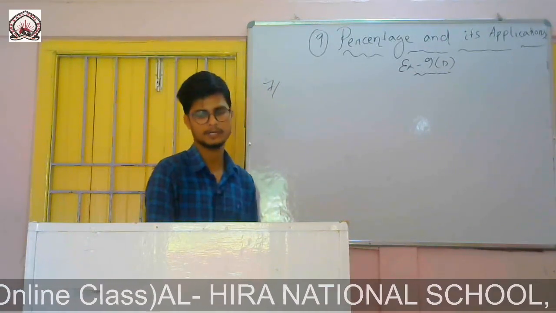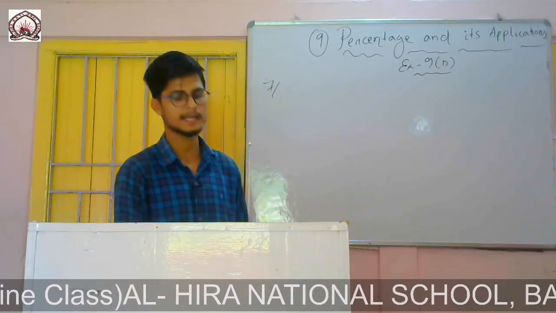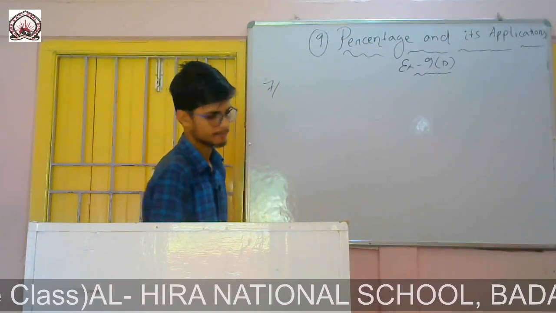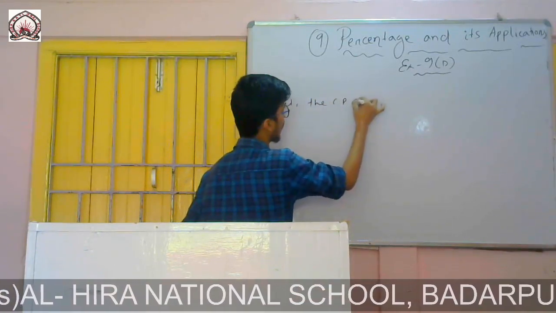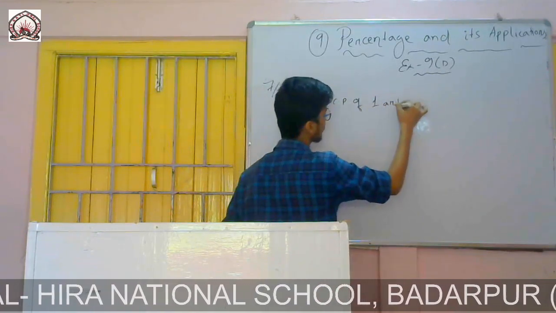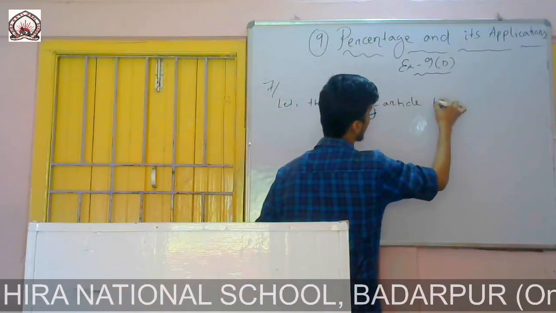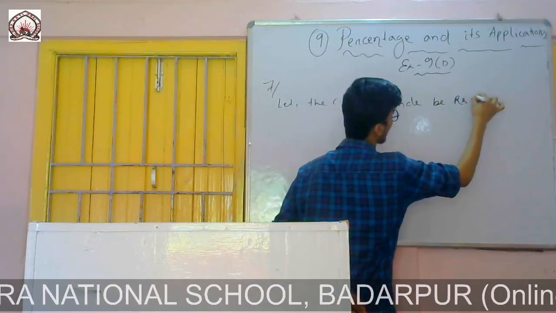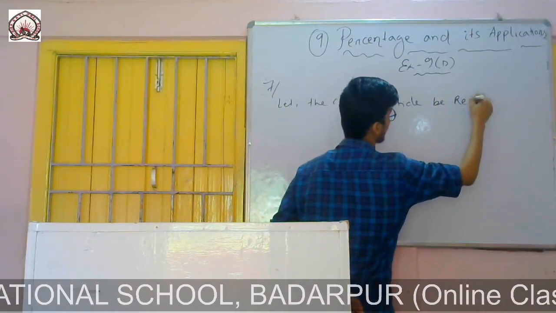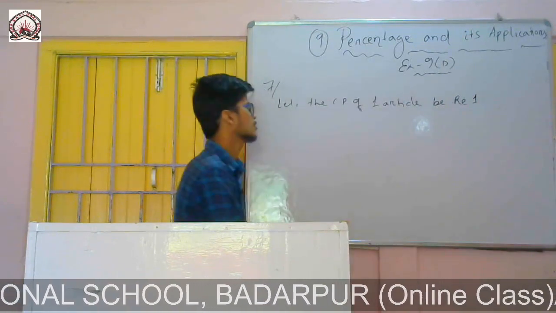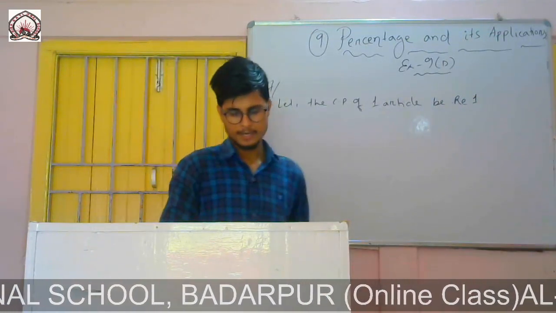First of all, we will let the cost price of one article be rupees 1. So the cost of one article is rupees 1.